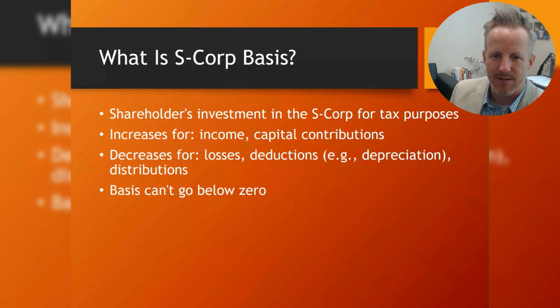Those are not the same. And this is the main reason why dentists get into trouble. There's cash in their bank account and they think they can pull it out when, to the IRS, the piggy bank is empty and you can't pull it out.